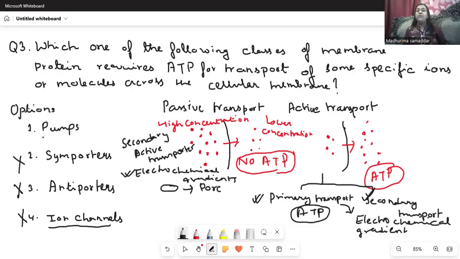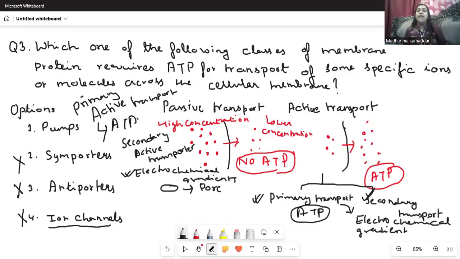But in case of the first option, it is falling into the category of active transport. Pumps are involved in primary active transport. We know primary active transport uses ATP directly.